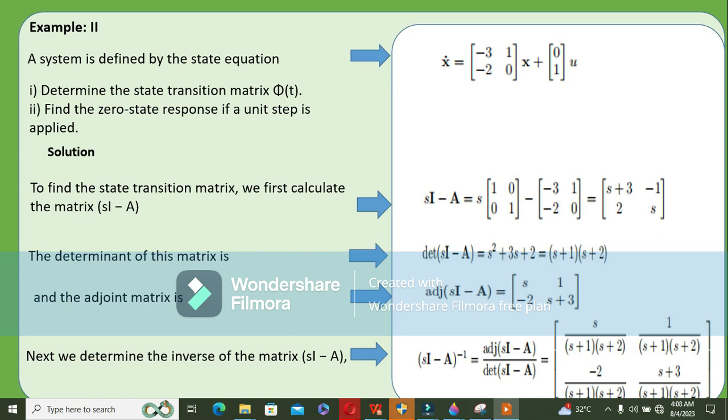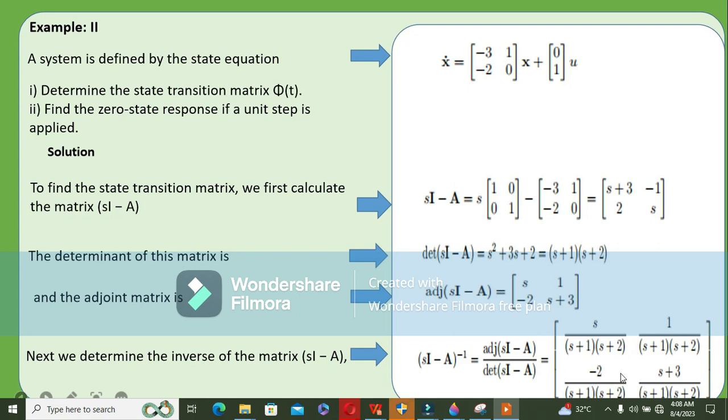So you have this adjoint divided by the determinant. S all over the determinant, which is that. Good. 1 all over the determinant, that is that. Minus 2 all over the determinant, that is this. S plus 3 all over what? The determinant, and this is what you have.